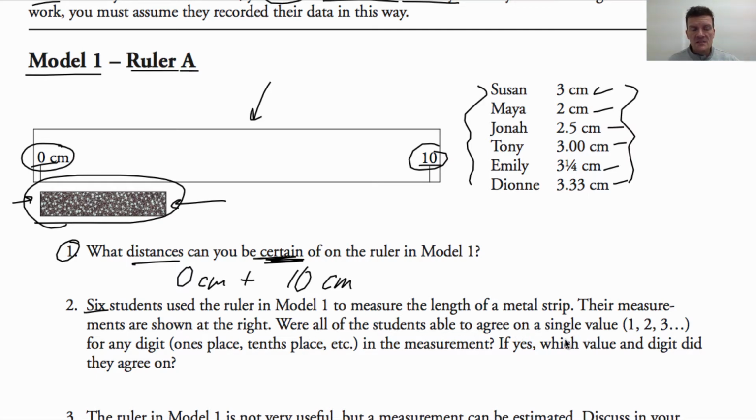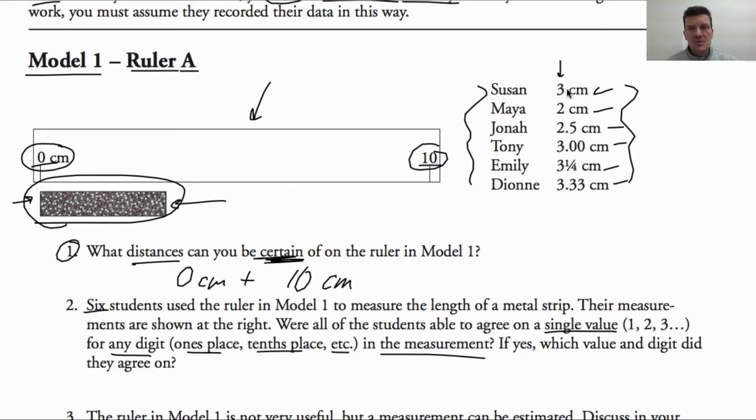Were all of the students able to agree on a single value? No, of course not. More specifically, agree on a single value for any digit: ones place, tens place, etc., in their measurement. If yes, which value and digit did they agree on? Let's look right here. This is in the ones place, we've got 3, 2, 2, 3, 3, 3. So there's some discrepancy there. Most of them said 3, but a couple said 2.